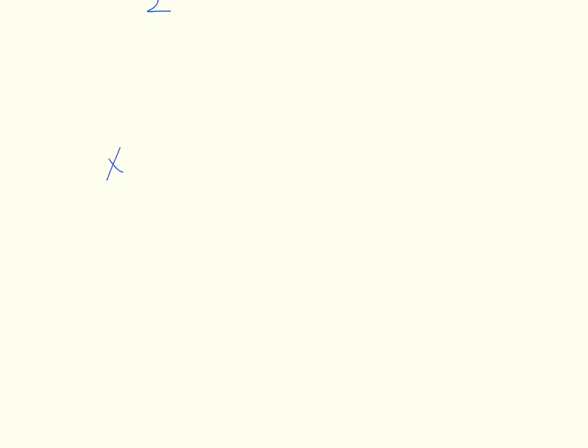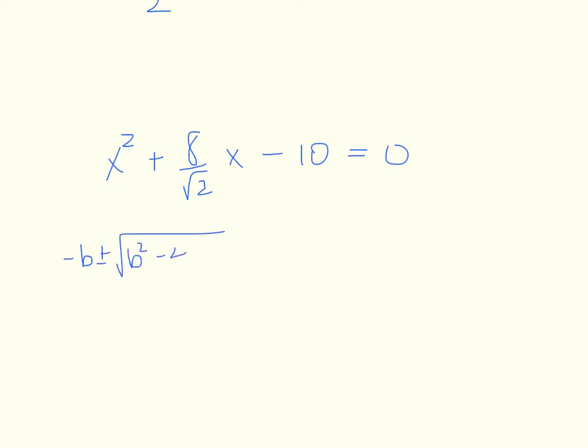You had x squared plus 8 over root 2 x minus 10 equals 0. Okay, so negative b plus minus square root of b squared minus 4ac all over 2a becomes, you ready?